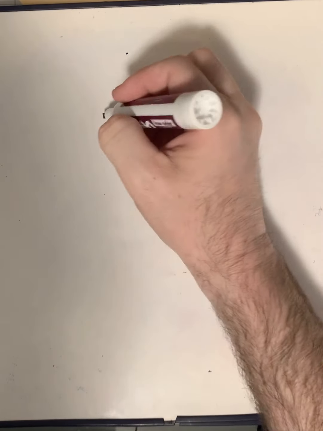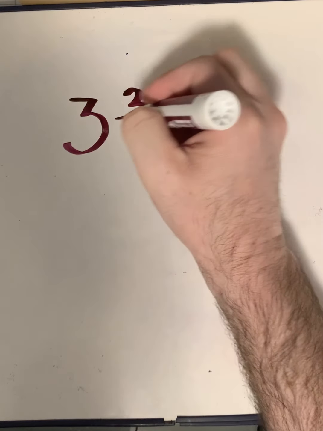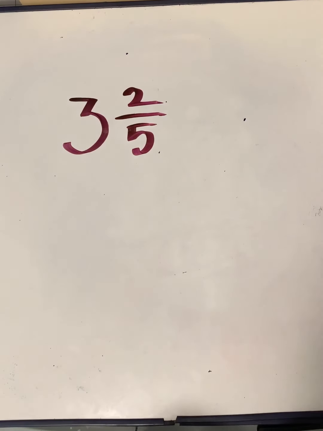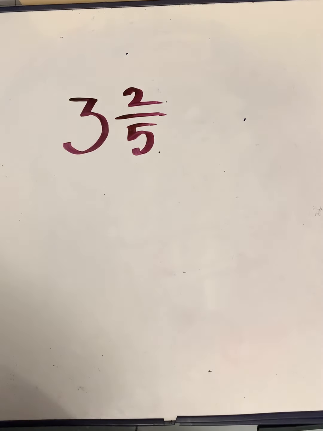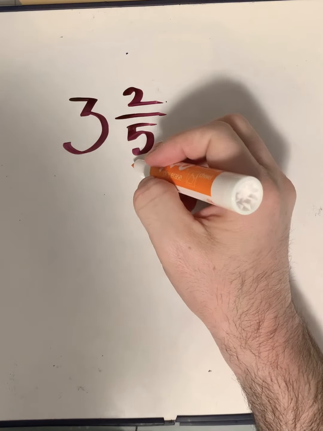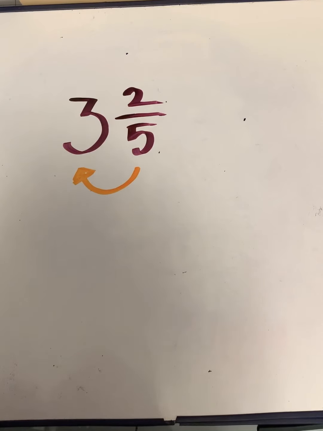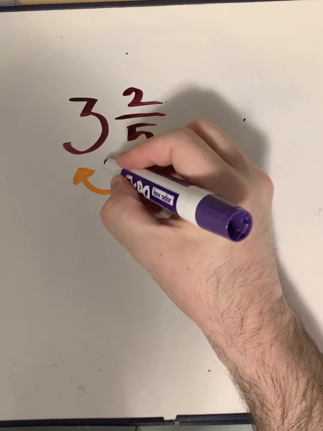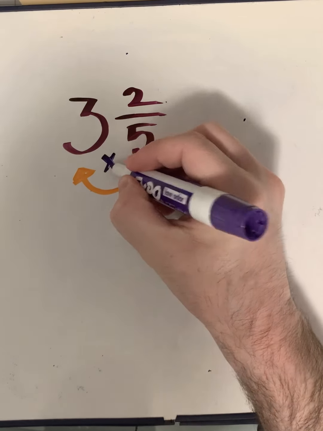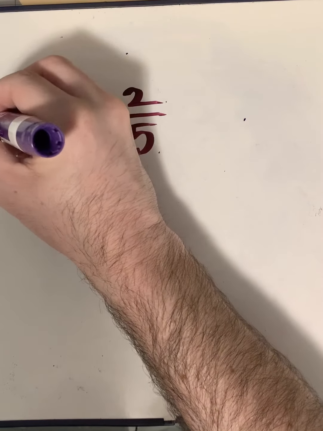The other way is to go from a mixed number to an improper fraction. So let's say I'm given 3 and 2/5. So what I've got to think about now is a couple steps. Step number 1 is that you're going to multiply first. So you're going to multiply the 3 by the 5, or the 5 by the 3, and then you're going to get an answer. So 5 by 3 is 15.